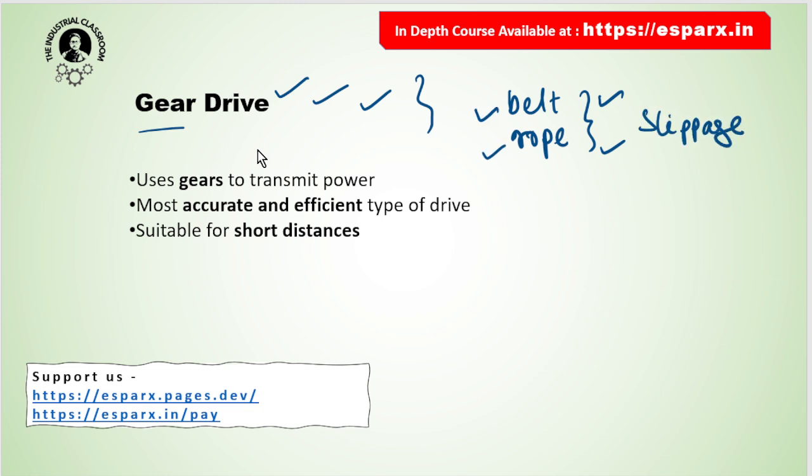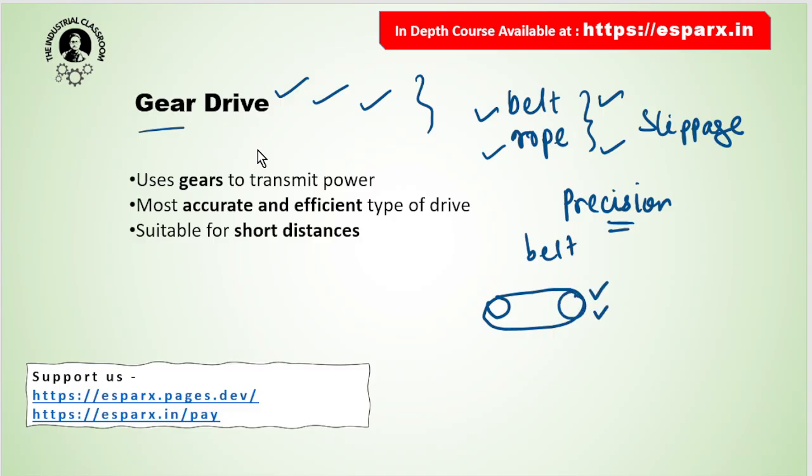For example, you want something with precision. You have used a belt drive and you want it to stop after one rotation. It is very difficult, because there is rope extension, there is friction, there is slippage. All these tend to make it less precise.